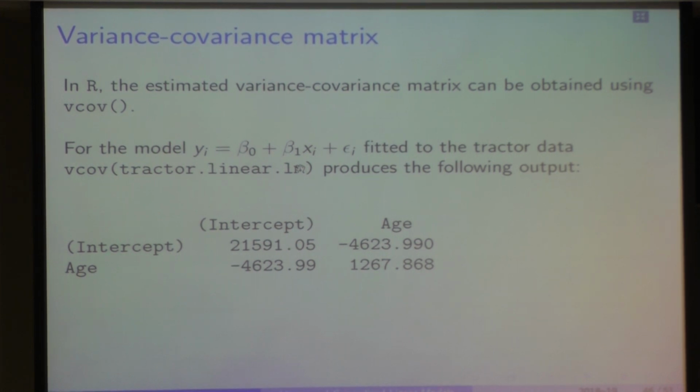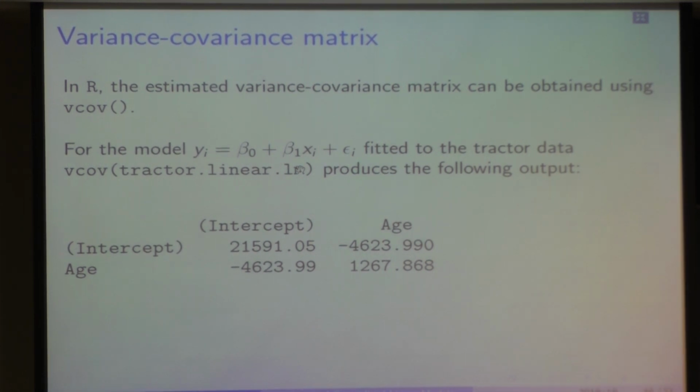So it's a matrix. The beta hat has 2 components, the estimate of the intercept and the estimate of the gradient, so the coefficient of age. And we see here the variance and covariance matrix, so the diagonal elements are the variances of the estimators, and the off-diagonal elements are their covariances.